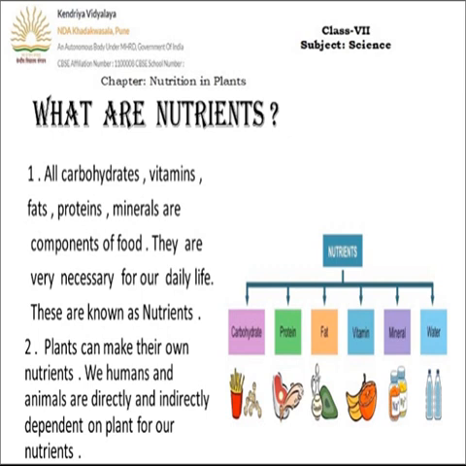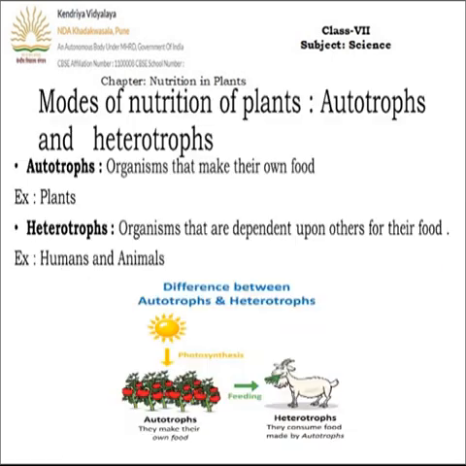Our main source of food is plants as well as animals, because some humans, non-vegetarian people, also consume animals, as they eat meat and other animals' flesh also. So we get the food or the energy through plants as well as animals. Okay, I hope you are clear with this. Okay, let us move to the next slide.